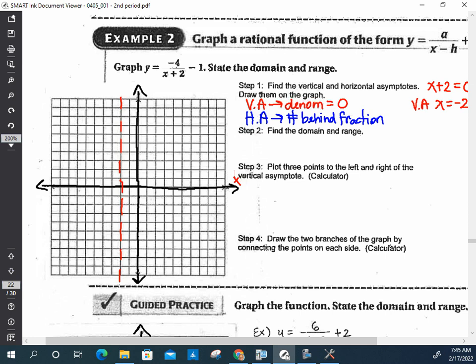Horizontal asymptote was -1. Go to the y-axis, go to -1, and put your horizontal line. So there's your vertical and horizontal.